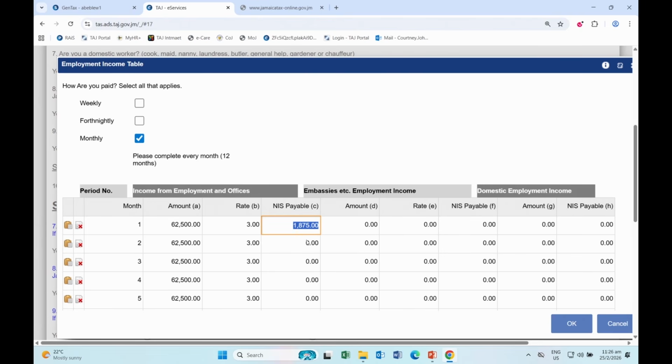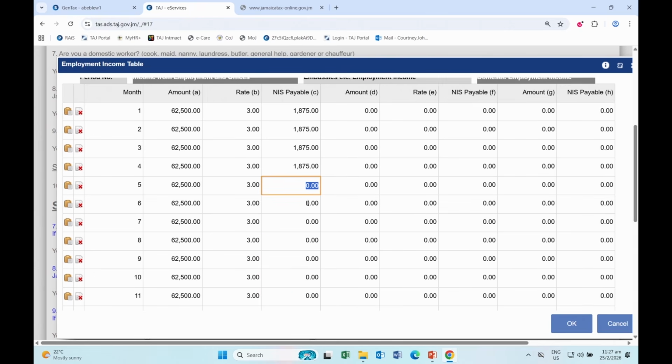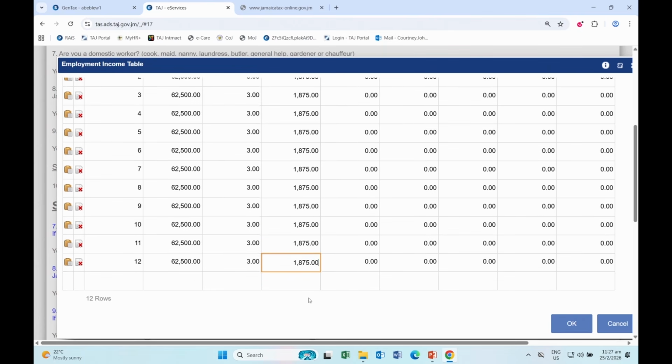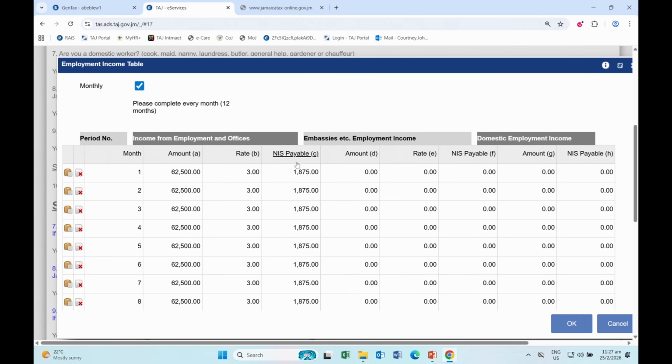Correct me if I'm wrong. You can put it in the chat. 22,500 divided by 12 months. So we plug the NIS contribution for each month into this column. Now we have entered all of the information that is required for this schedule.